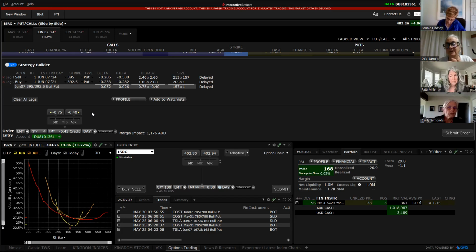Does that make sense? That's what I had a problem with. I didn't know how to calculate that. So the limit is you take the bid price and ask price that you clicked in, and then you get the difference between them, and that's your credit spread amount.